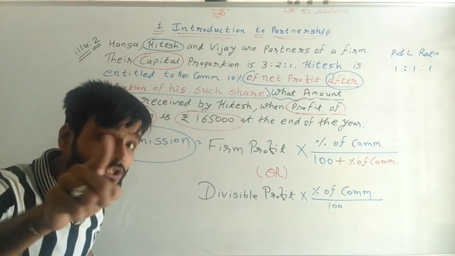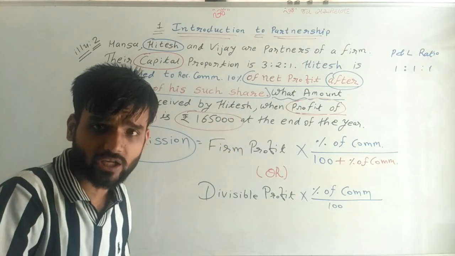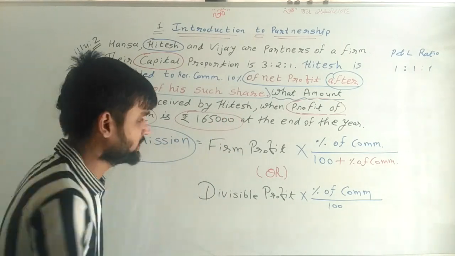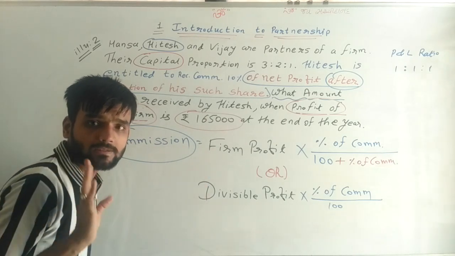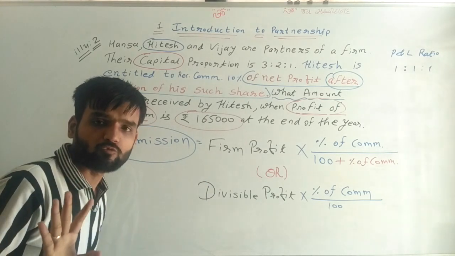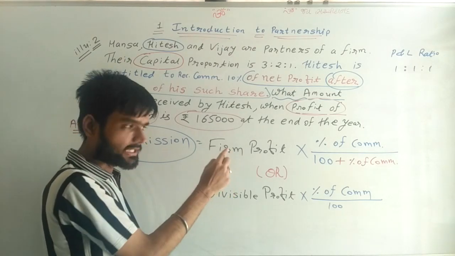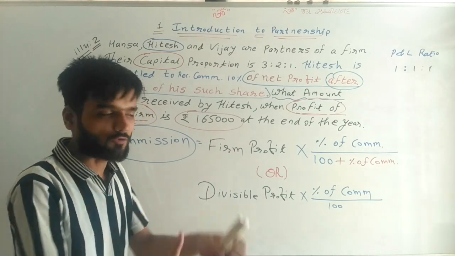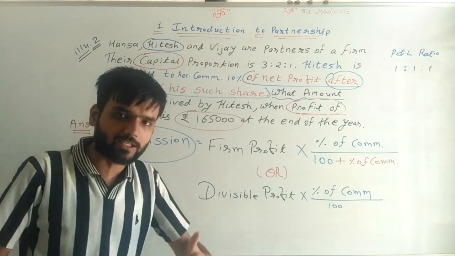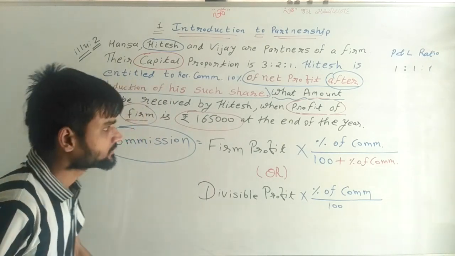Then and only then, if this statement is given in your question, use these two formulas, any one of the two, on the basis of the information given to you. If firm profit is given, then this. If divisible profit is given, then this. Now, the meaning of firm profit and divisible profit we are clearing today within minutes.